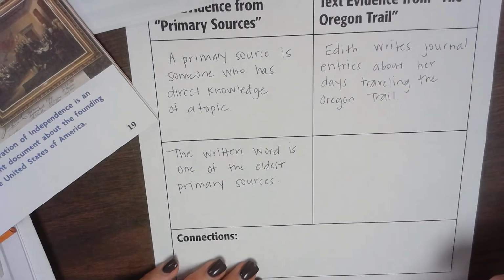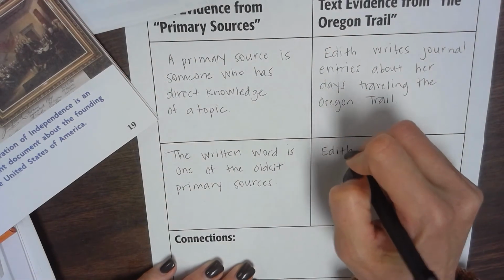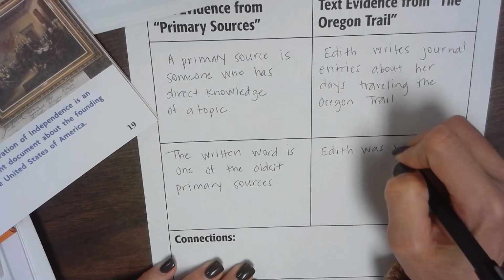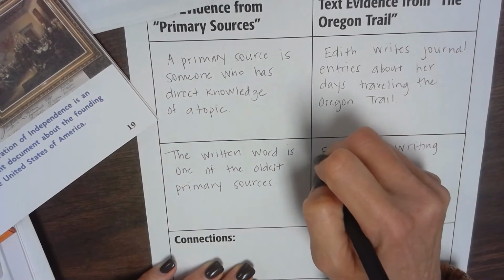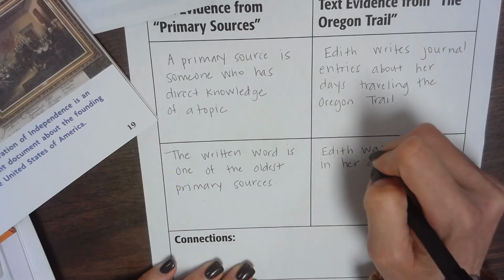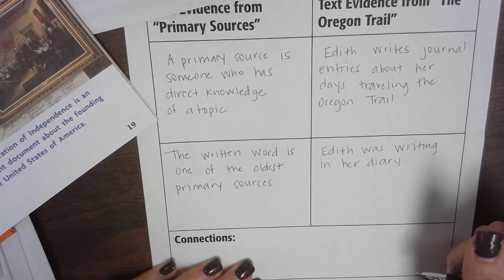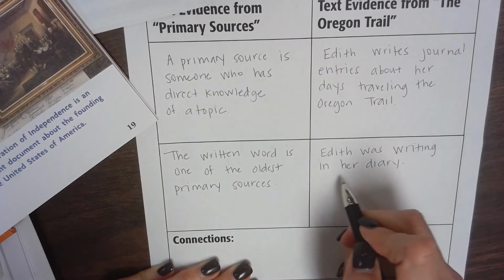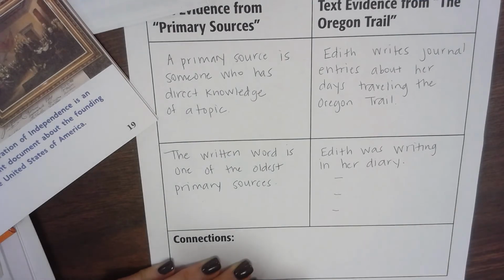Now, what do we know about the Oregon Trail? Well, we know that Edith was writing in her diary, and she was giving details about the weather, about the trip, where they stopped. So you can go ahead and add a few more details about what she was writing in her writing about the Oregon Trail.